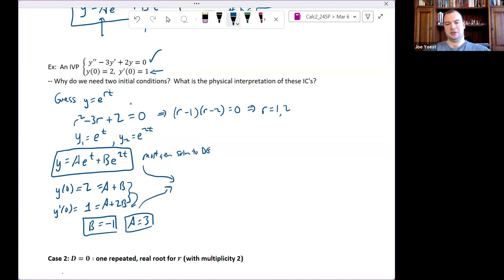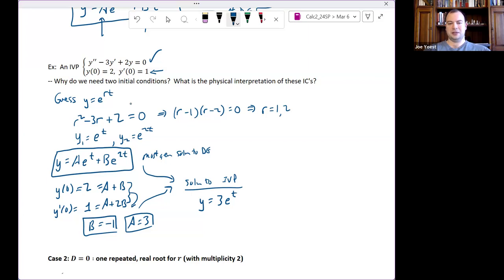And I combine these pieces of information, my solution to the full initial value problem, the function that solves the differential equation and also meets the two initial conditions. You got to make sure the right number goes with the right function.